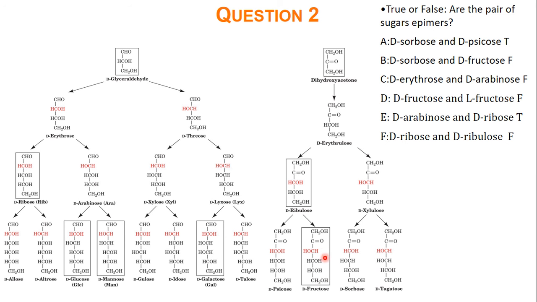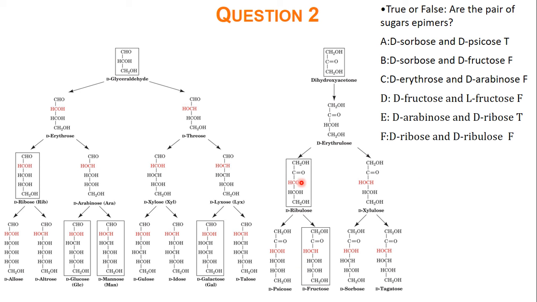The reason why this is fructose is because the first chiral center next to the C double bond O is different from the other 2 chiral centers. And it's D because this chiral center, the furthest away from the C double bond O, is on the right hand side. If this was L, everything would flip, so they are not epimers.